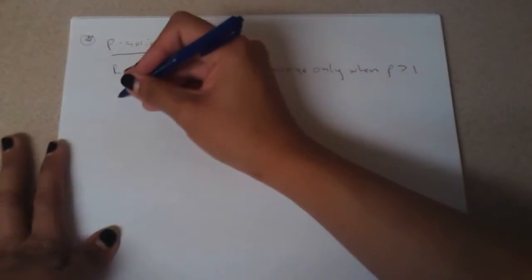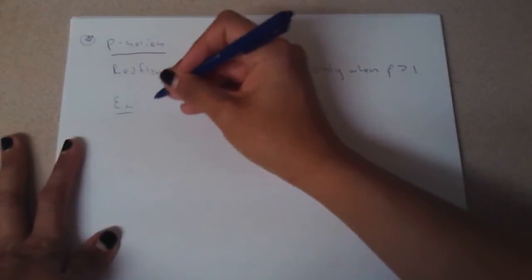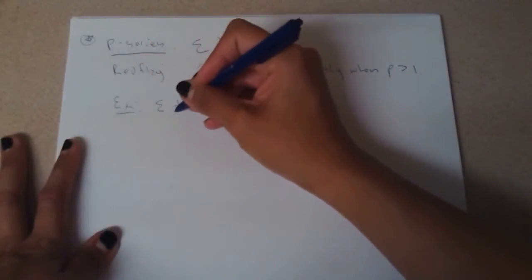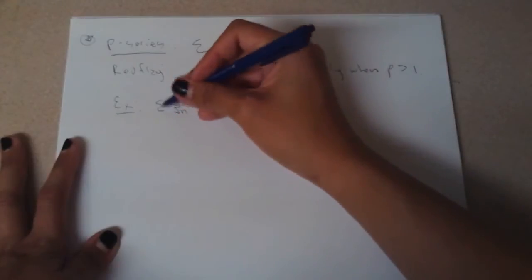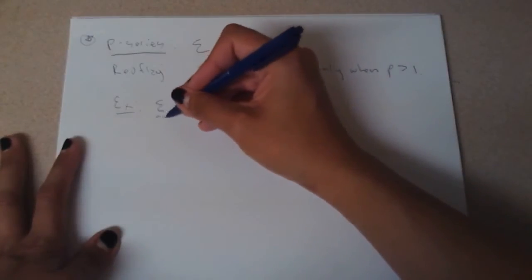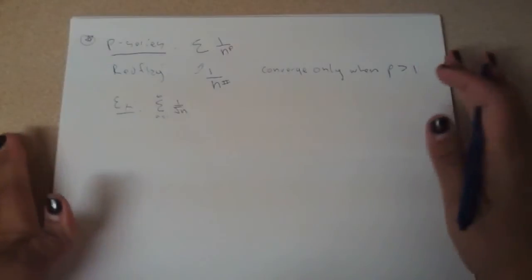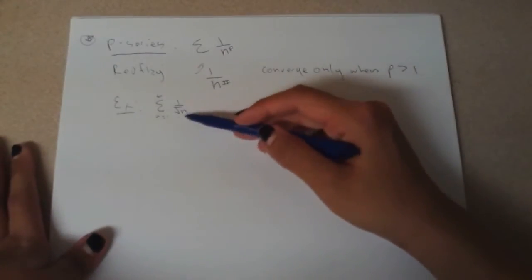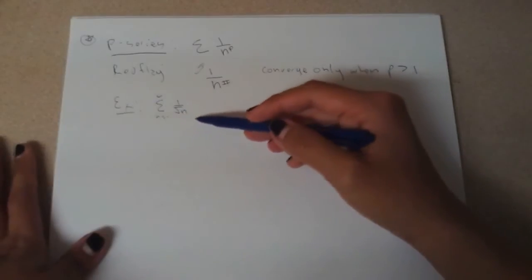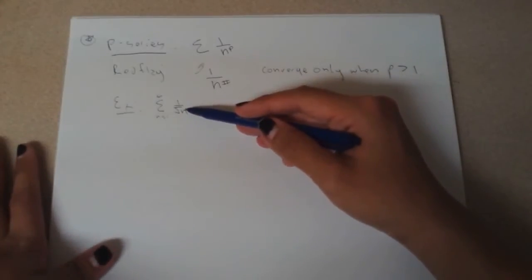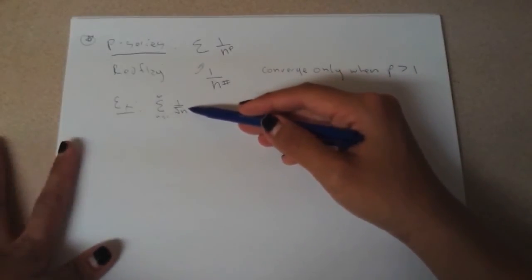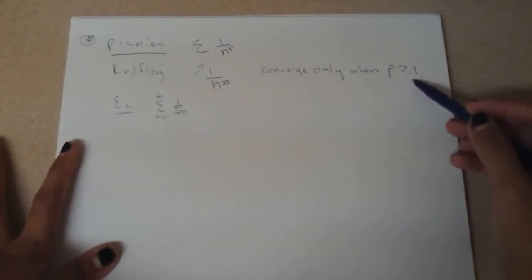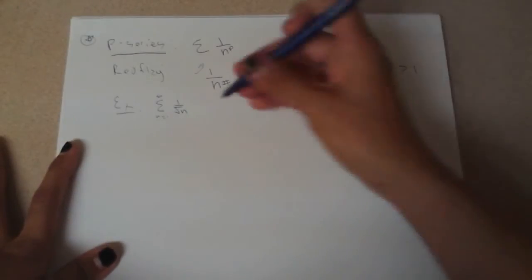So fast examples of this: if I wanted to look at something like 1 over root n, summing from 1 to infinity just because it's pretty standard for us, recall this is really a fractional power in the denominator. This is something I can think of as n to the 1/2. 1/2 is less than 1, which means that we don't converge.